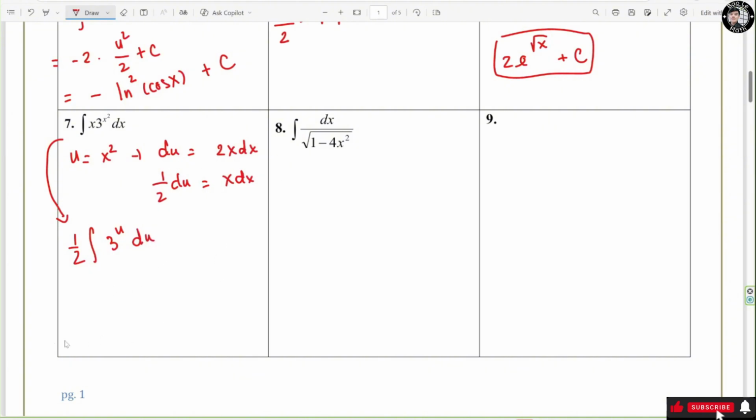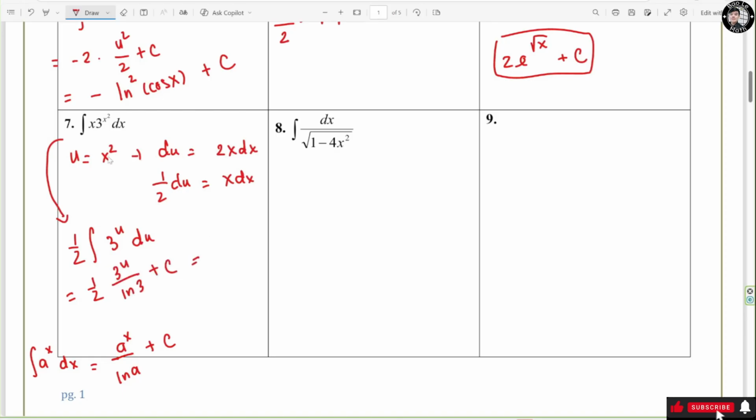Now we're going to use the formula for the antiderivative of a to the s. This one is not the power rule, so be careful. It's going to be a to the s over ln of a plus c. So keep that in mind. So this turns out to be 1/2 times 3 to the u over ln 3 plus c.